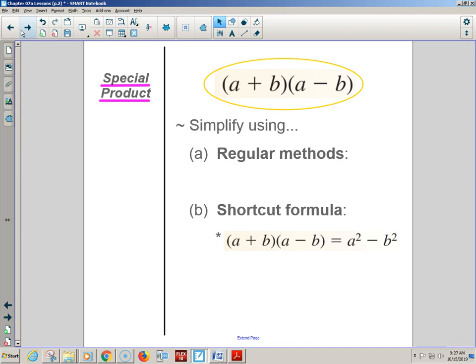Squared, double, squared. Three terms in the answer, right? Because the middle two could always combine. Those two boxes always combine. Those two distributions always combine. You get a squared, then a double, then a squared. Three answers. Here's the struggle. This guy, I wonder what's going to happen with him.